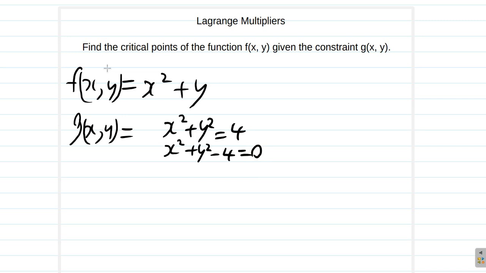Now, remember this particular equation that applies to it.